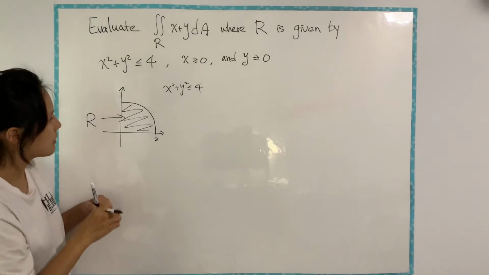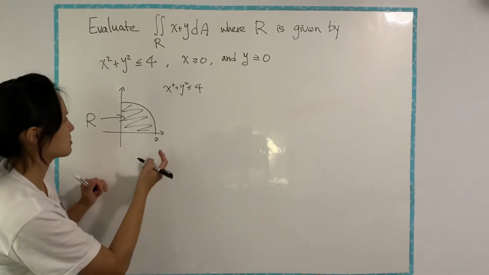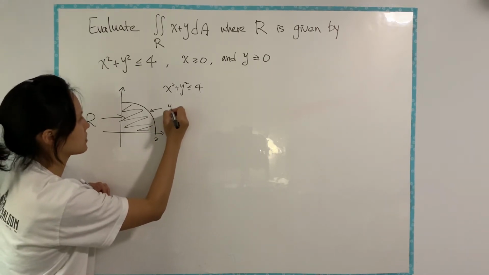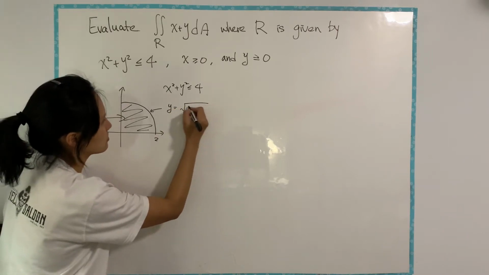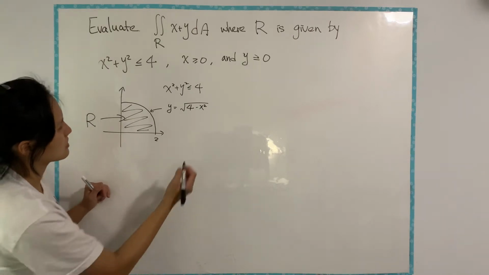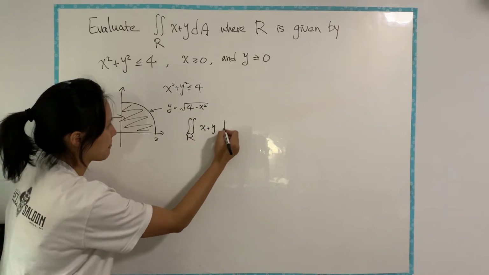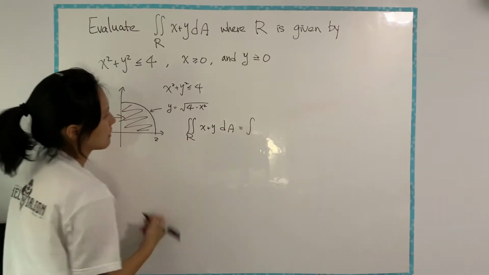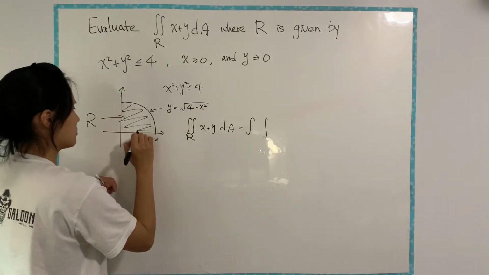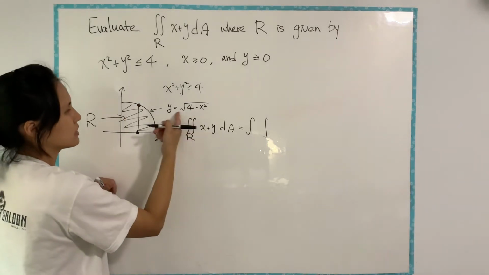Then of course I can say, okay, so this line is, for example, y equal to square root of 4 minus x squared. Then, using Fubini's theorem, the y direction for any fixed x value has lower limit 0, upper limit to this line.